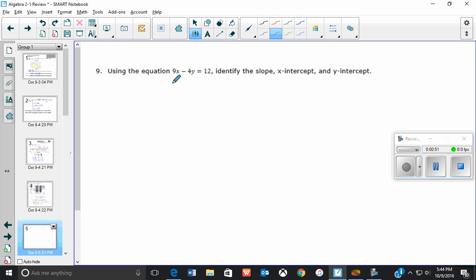If I'm going to find the x-intercept, I'm solving for x. So 9x minus 4 times 0 equals 12. So 9x. What's negative 4 times 0? 0.